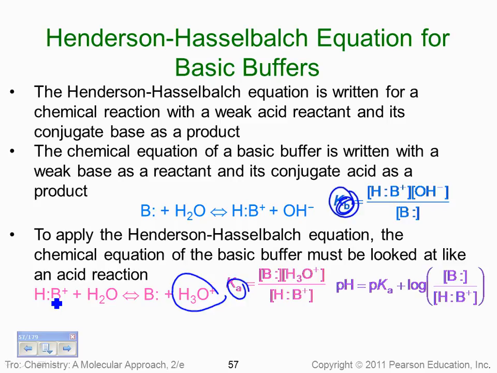So, one way to solve this problem, and still use the Henderson-Hasselbalch equation, is to recognize that there's a relationship between Ka and Kb. So if I know the pKb, then I can determine what the pKa is, plug it into my standard Henderson-Hasselbalch equation, and still do my calculation.